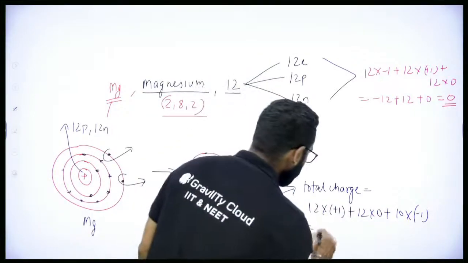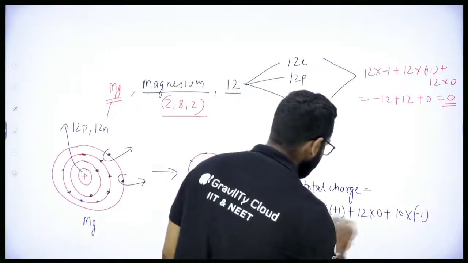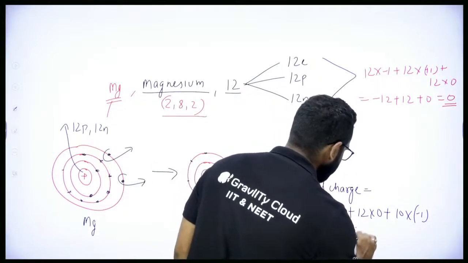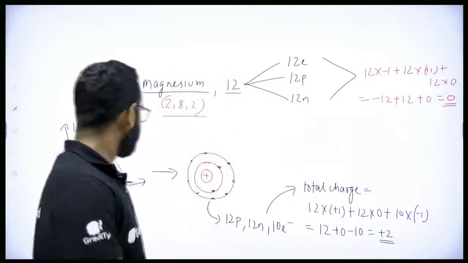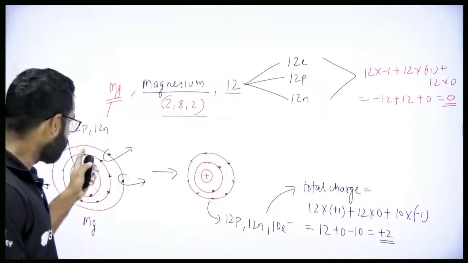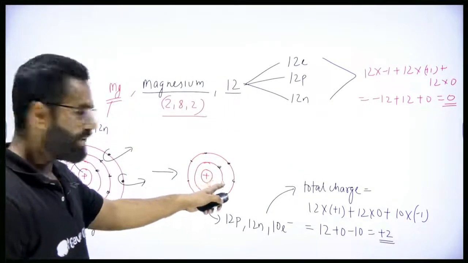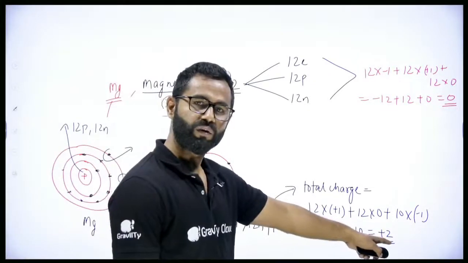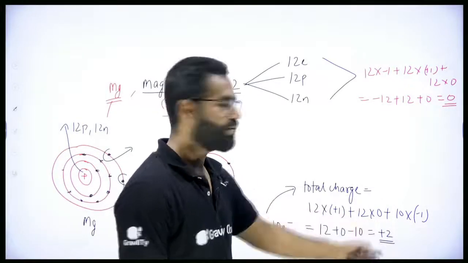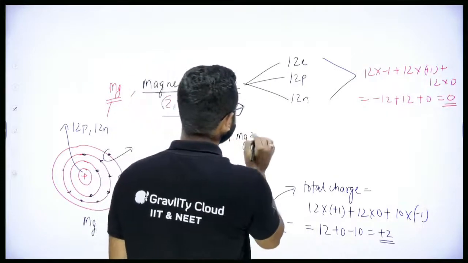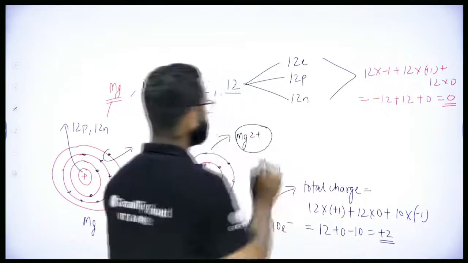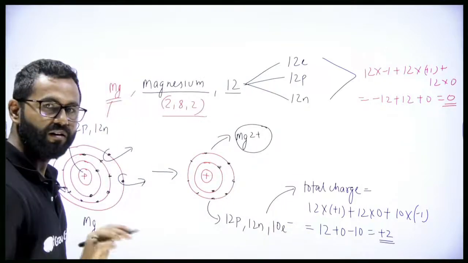This will be equal to 12 plus 0 minus 10, which is equal to plus 2. That means from a magnesium atom, when you remove 2 electrons, the net charge comes to be plus 2. So this species is Mg2+.